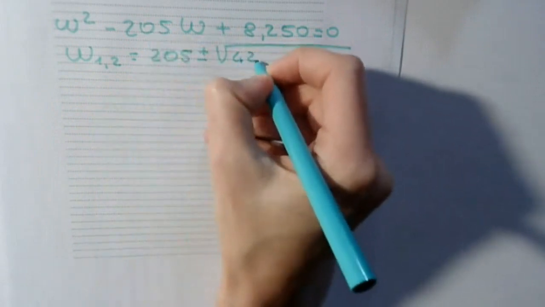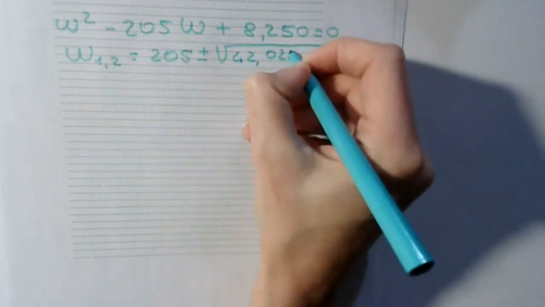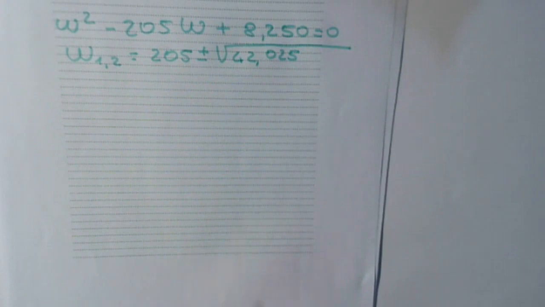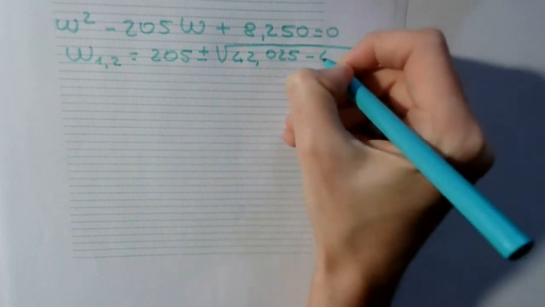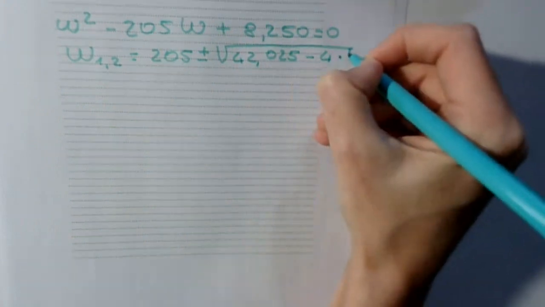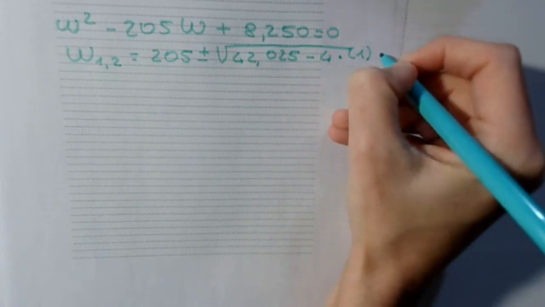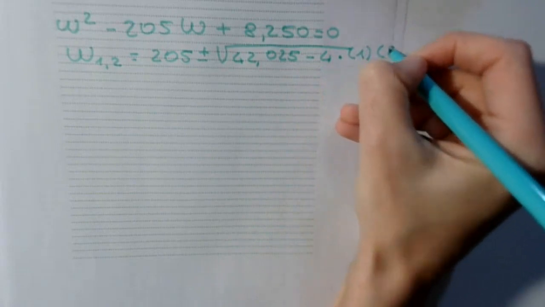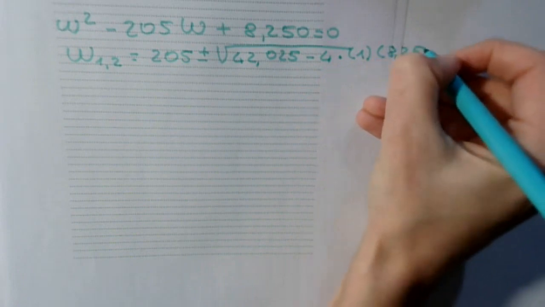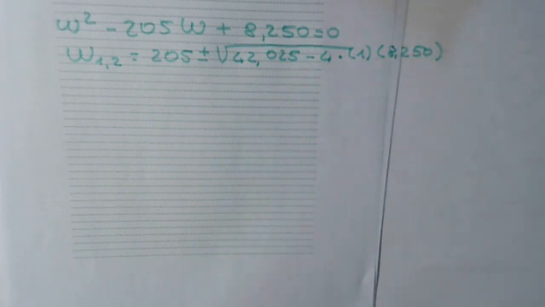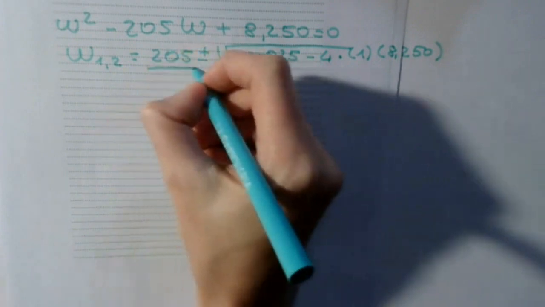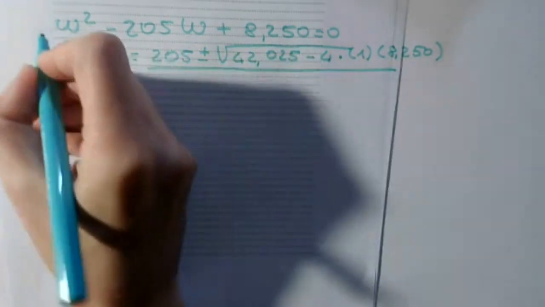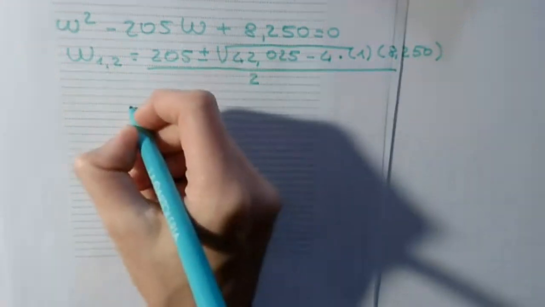that gives 42,025, minus 4 times 1 times 8,250, okay, divided by 2 times 1, so 2.